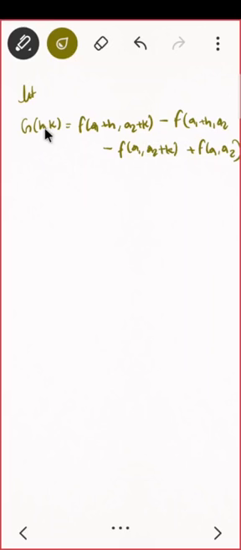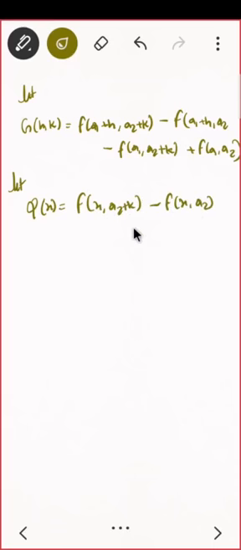So let us define one more function phi of x which will only depend on x. Phi of x is equal to f of (x, e2 plus k) minus f of (x, e2). So what will be phi of e1? That is f of (e1, e2 plus k) minus f of (e1, e2).